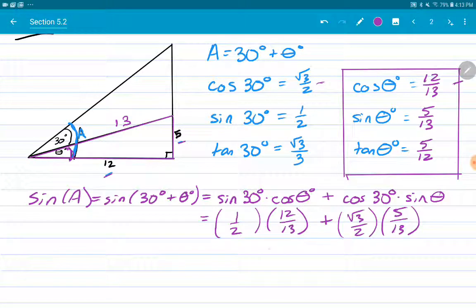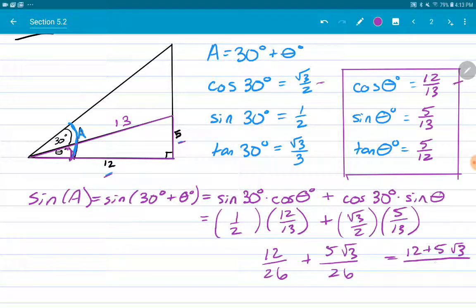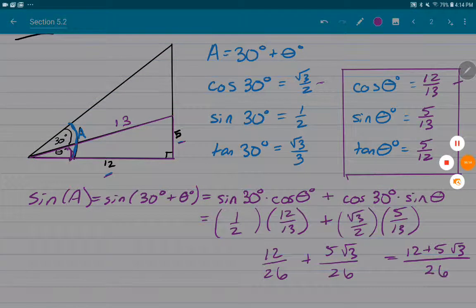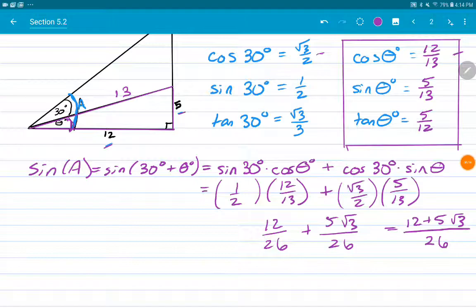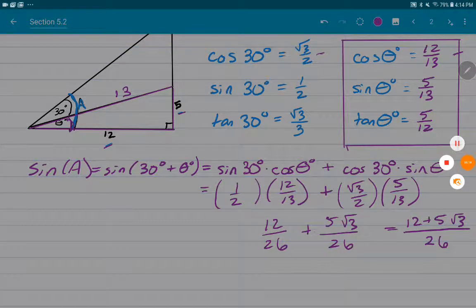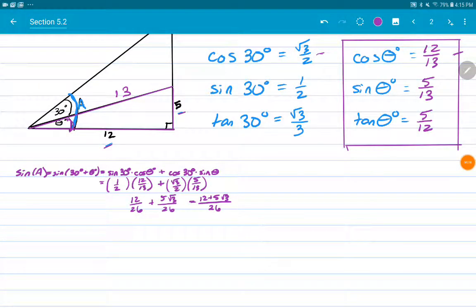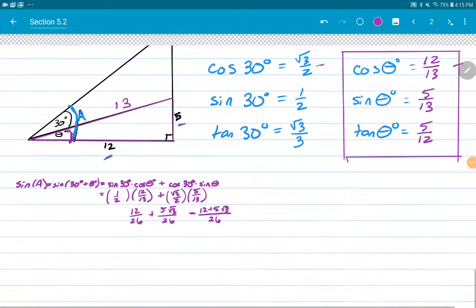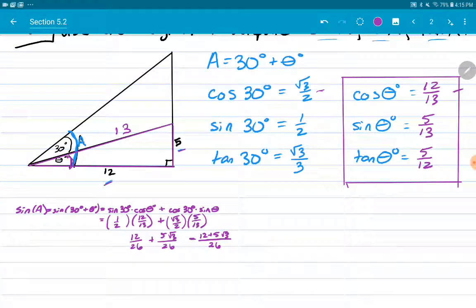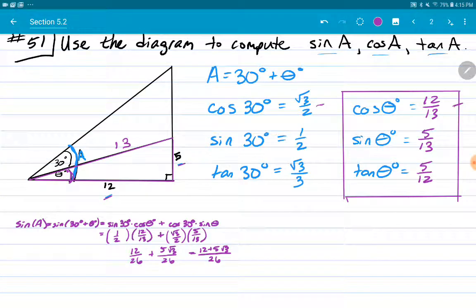And that gives me 12 out of 26 plus 5 radical 3 out of 26, or I could rewrite that as a single fraction like that. So there's my sine of A. Okay, I'm going to shrink that up now so I can find the next part, part B, which asked for cosine of A.